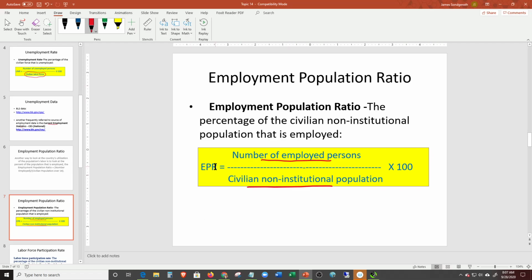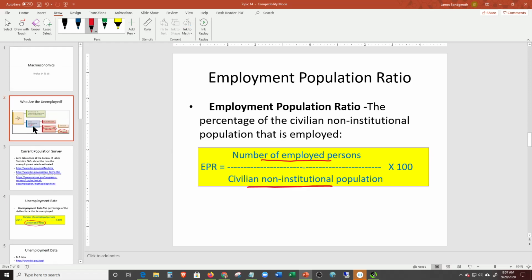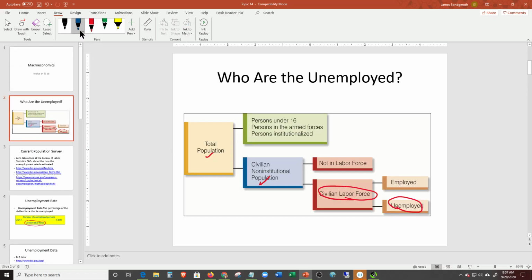Let's use the same thing, EPR. When we go back to this, let's use the blue one. So the unemployment rate is this divided by this. The employment rate is this divided by this.